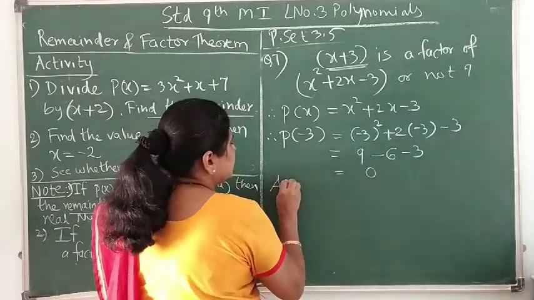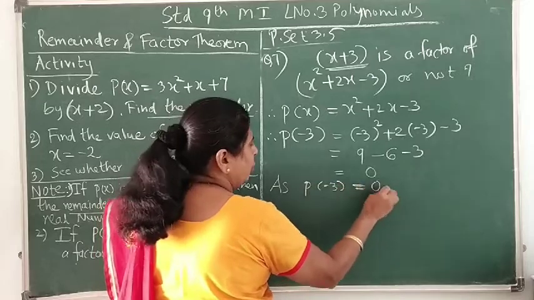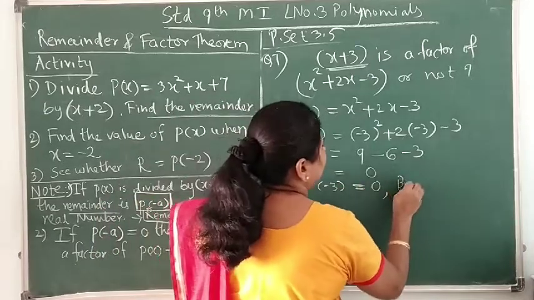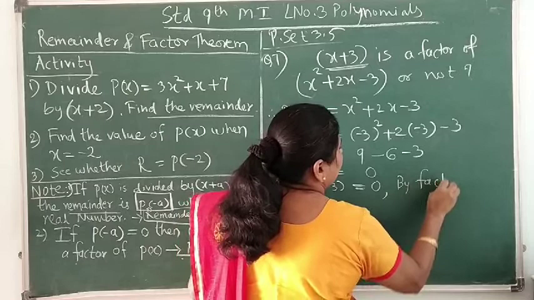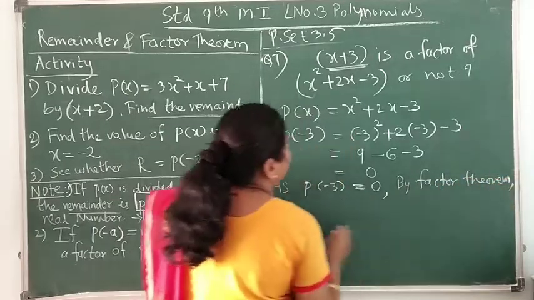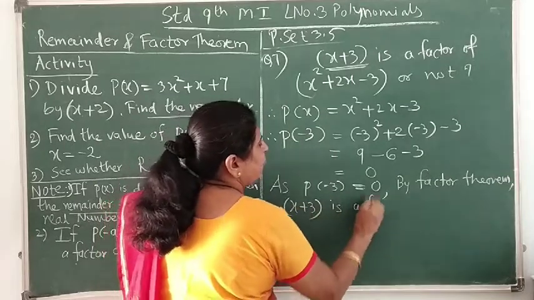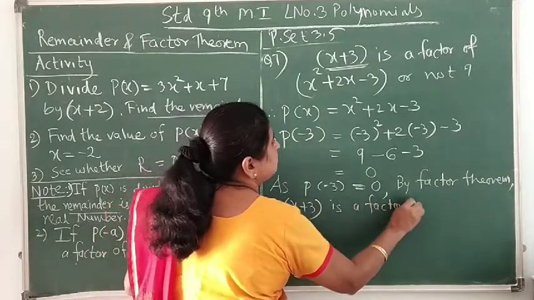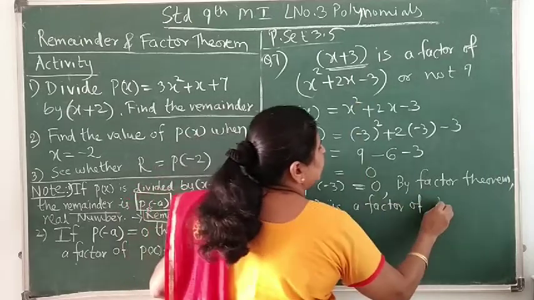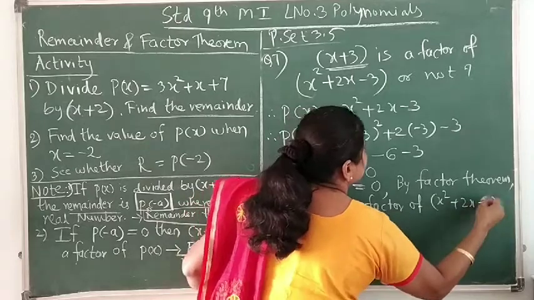So what you can say is p of minus 3, that remainder is 0, by the factor theorem, x plus 3 is a factor of the given polynomial, that is x square plus 2x minus 3.